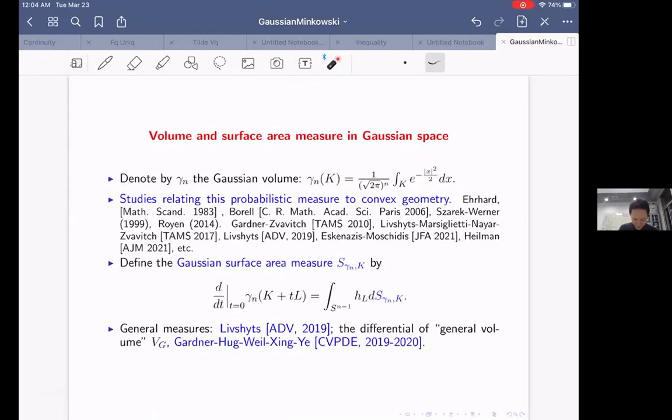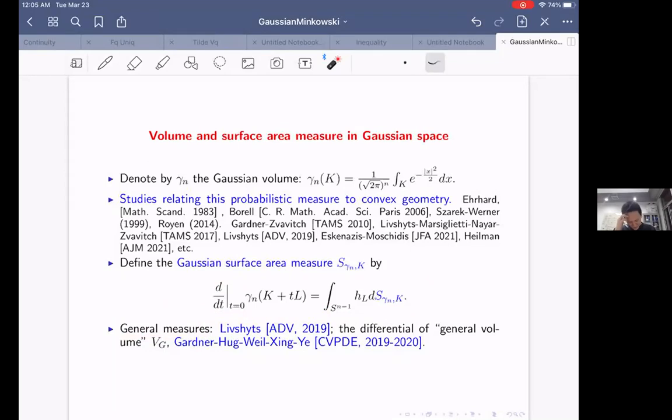As we mentioned before, the techniques in HLYZ's paper can be applied to differentiate this one, and actually it works, and it defines the measure S_{γ_n,K}. It's not quite a surprise. And actually, this measure was considered before, but not from the variational method. Livshyts studied some parametric inequalities for some general measures, including this measure, but they are not studying the Minkowski problem from this approach.